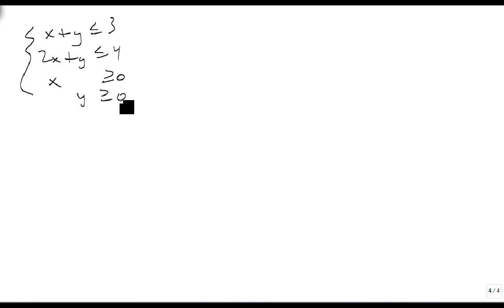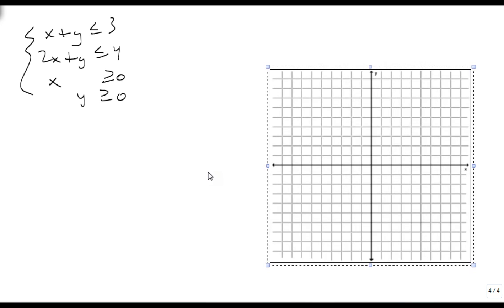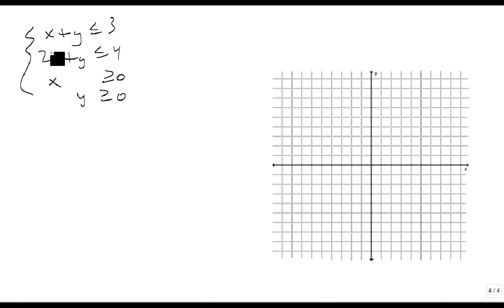One final example. Suppose we have x plus y is less than or equal to 3, 2x plus y is less than or equal to 4, x is greater than or equal to 0, and y is greater than or equal to 0. So we're going to drag our graph in. And remember, it's where all 4 of these are true that gets shaded.